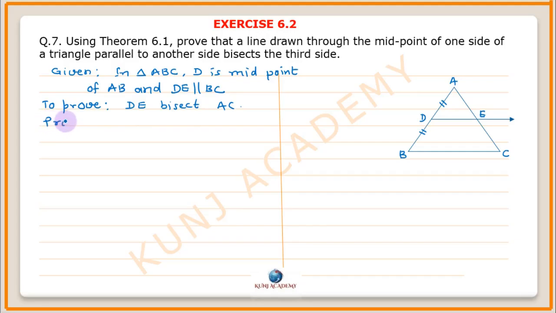Proof. In triangle ABC, since DE is parallel to BC, therefore AD upon DB is equal to AE upon EC by BPT.